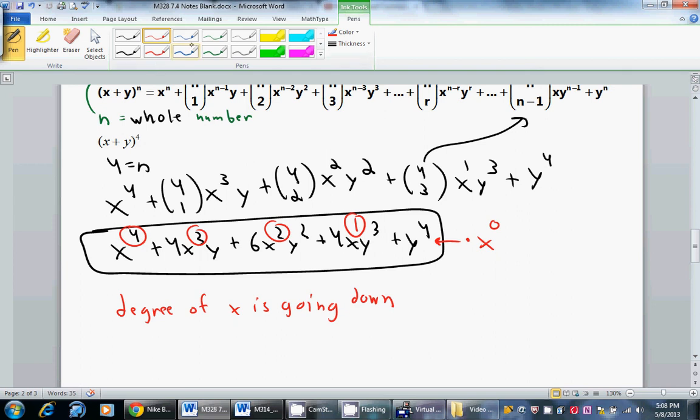Now, compare this to the degree of y. This first term I can think of as y to the 0. The next term is y to the 1st, y squared, y cubed, y to the 4th. The degree of y is going up by 1.